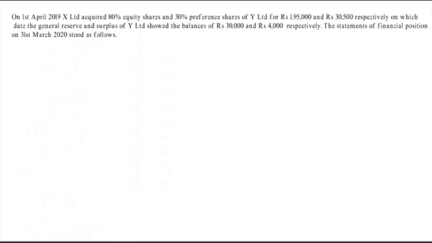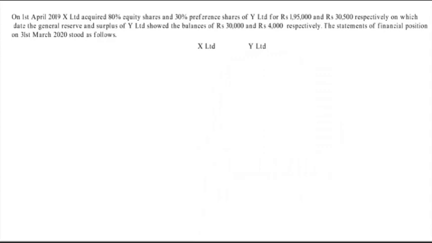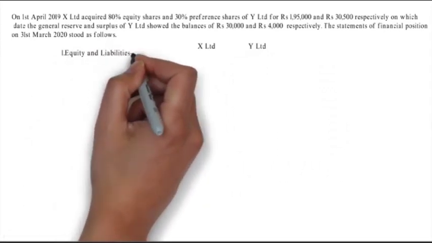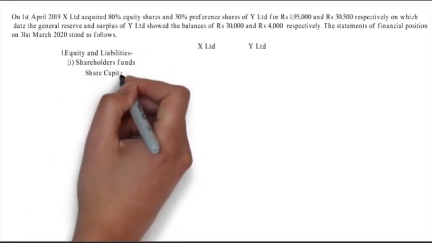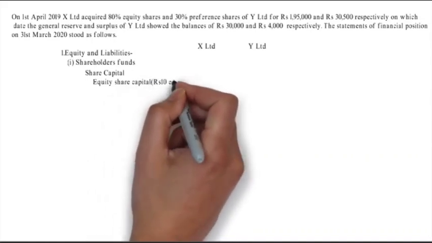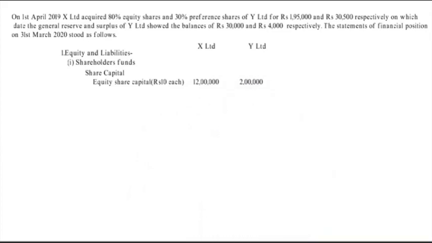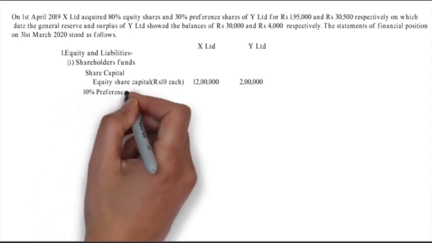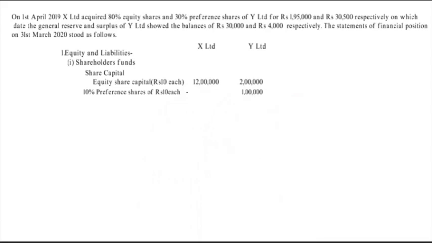2020 stood as follows. On right side, we have columns for X Limited and Y Limited. Equity and liabilities, shareholders funds, share capital, equity share capital, rupees 10 each, X Limited 12 lakh, Y Limited 2 lakh. 10% preference shares of rupees 10 each: for X Limited, no preference shares, Y Limited 1 lakh.